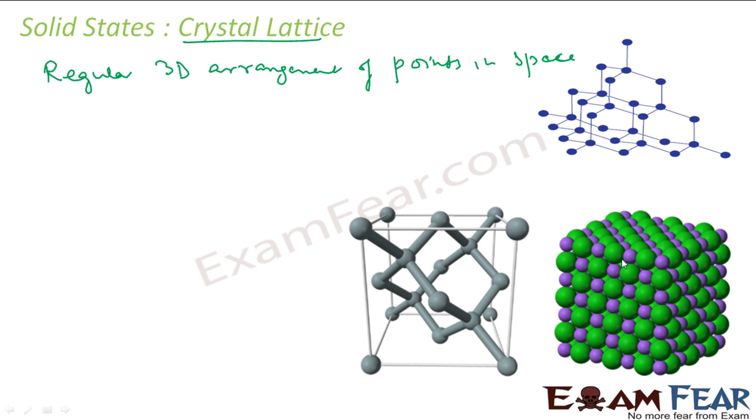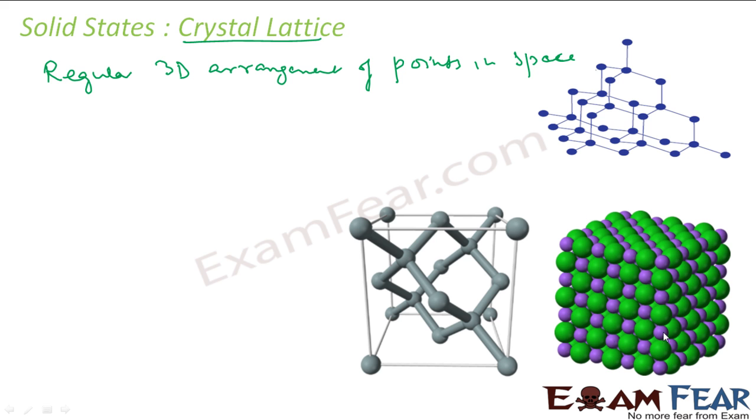So if you see, this is a 3D arrangement of NaCl, right? This is also a 3D arrangement of silicon. This is also a 3D arrangement of carbon, graphite. So if you see, these are all 3D arrangements. This is a 3D arrangement of Na plus, Cl minus. So these 3D arrangements are called crystal lattice.